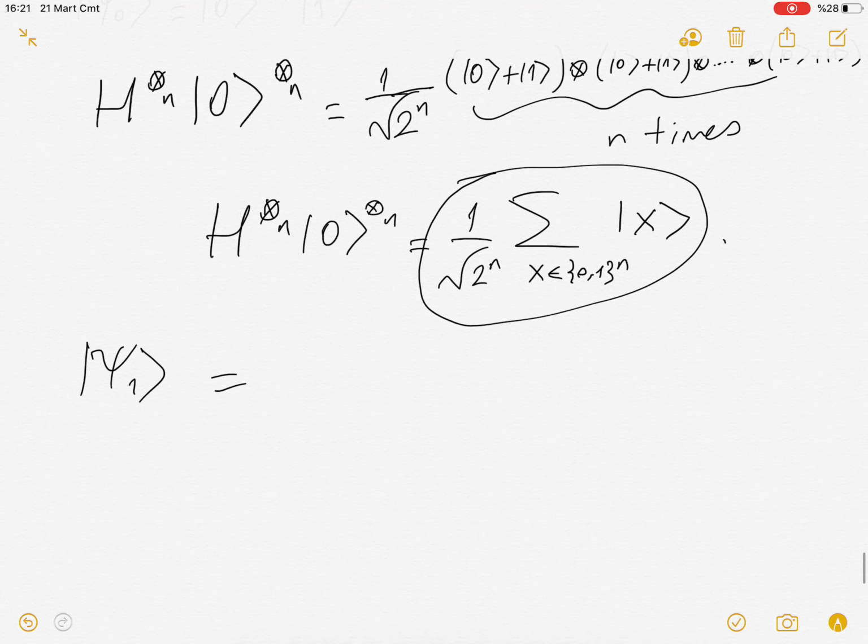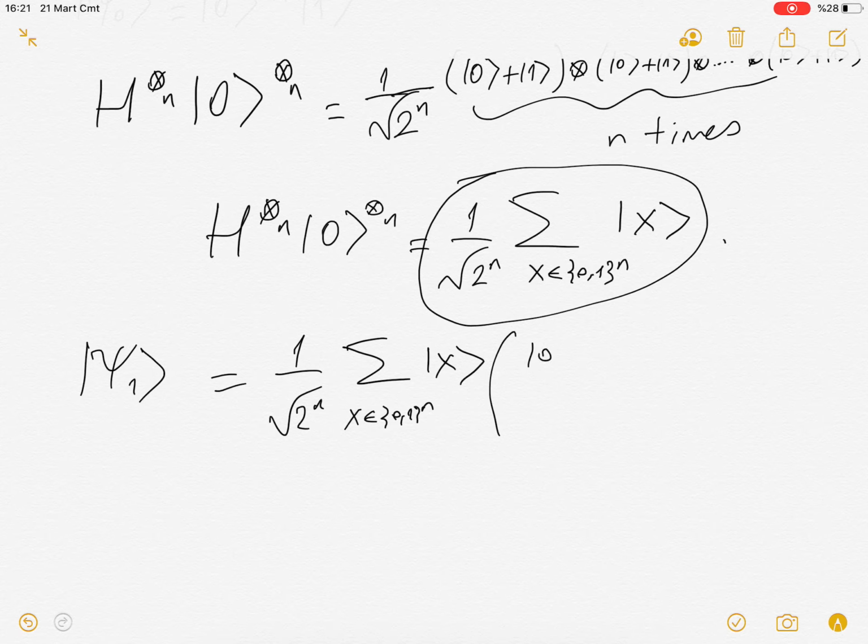So psi 1 will be equal to 1 over square root 2 to the n, summation over x, ket x, and then we have ket 0 minus ket 1 over square root 2.